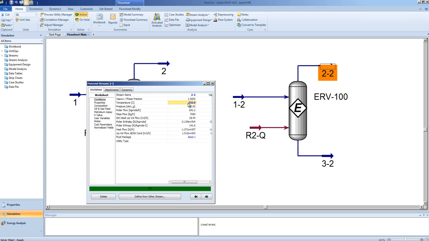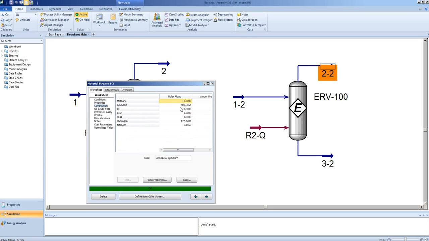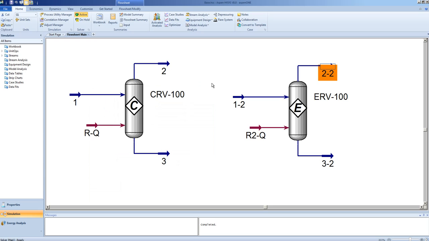So that the composition will reflect the equilibrium position. In the following video, we will look at a kinetic reactor as the third type of reactor in the series.